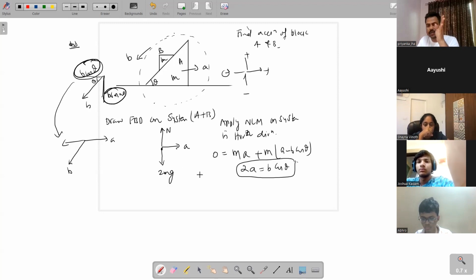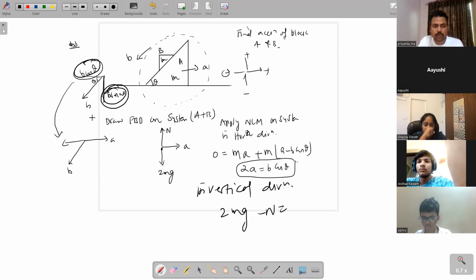So if I apply Newton's law in vertical direction, net force is downward because acceleration is downward, B sin theta. So mass m plus m into, because this wedge cannot move down, m into 0 plus m into B sin theta.